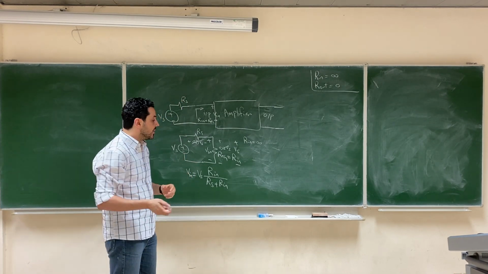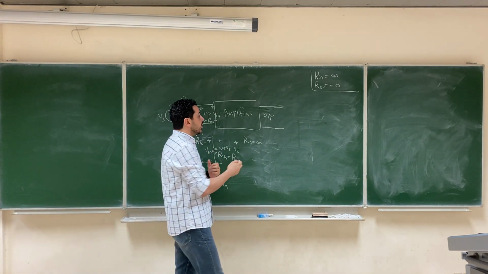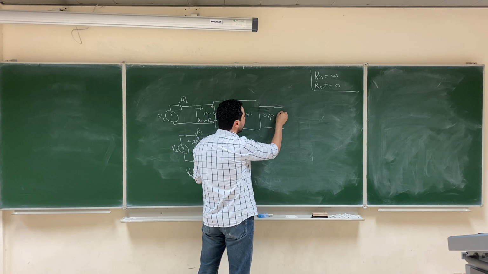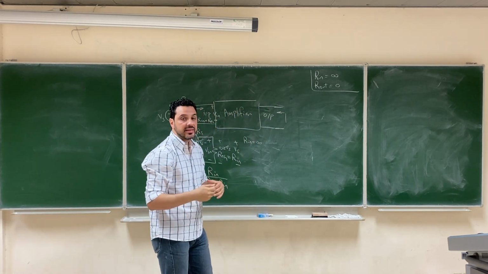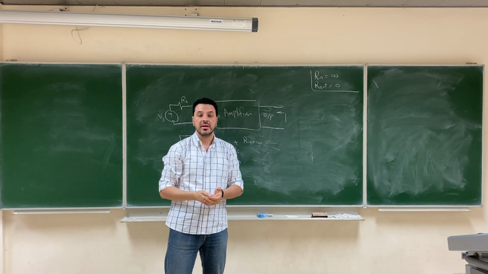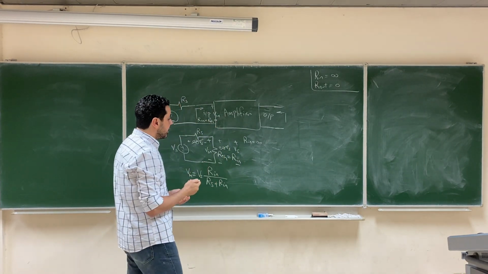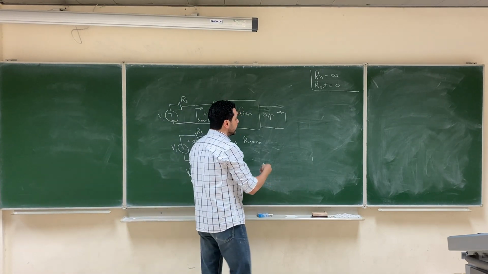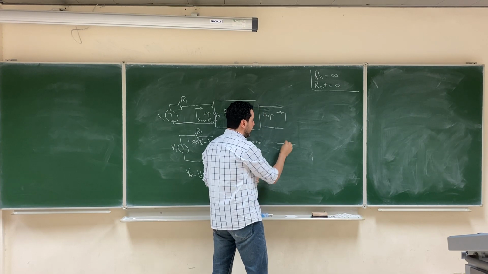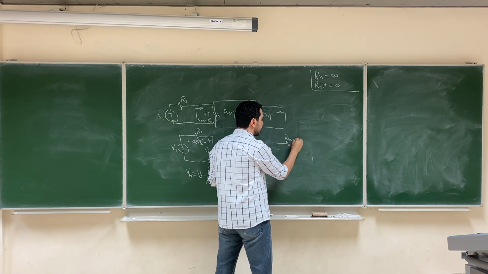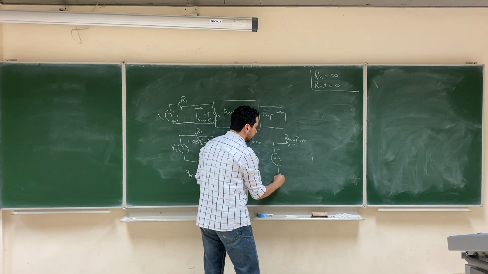Let's do the same argument for the output resistance. Again, when you look from the outside, you can calculate the Thevenin equivalent resistance and Thevenin equivalent voltage of the amplifier from the output terminals, and you can represent your amplifier as R Thevenin, which is the same as R output, and V Thevenin.